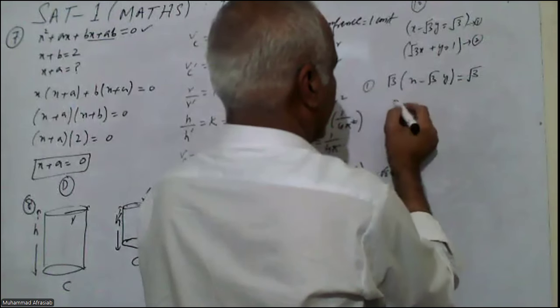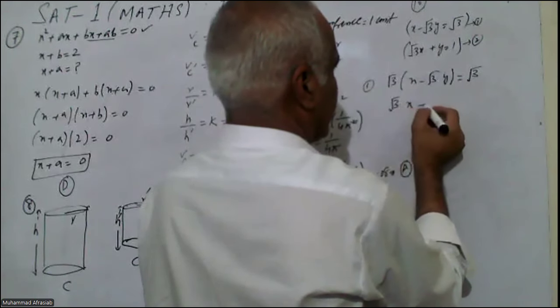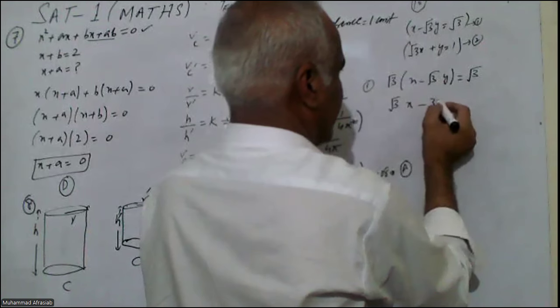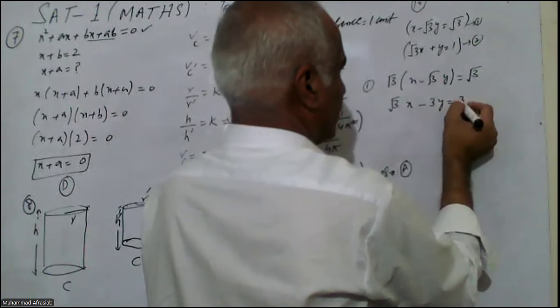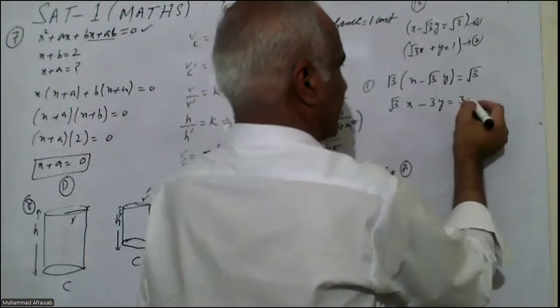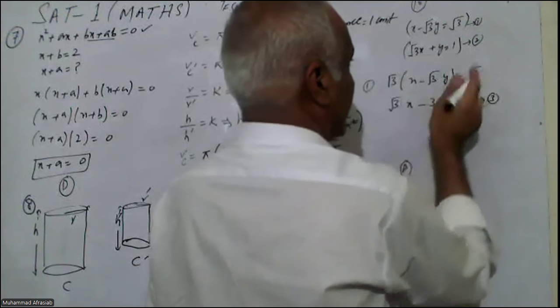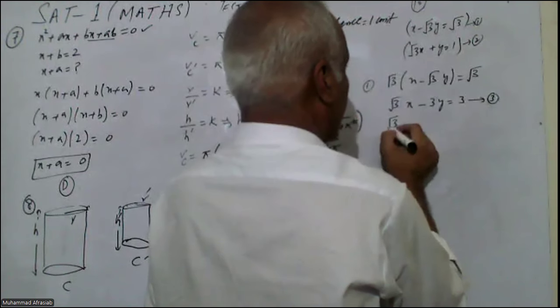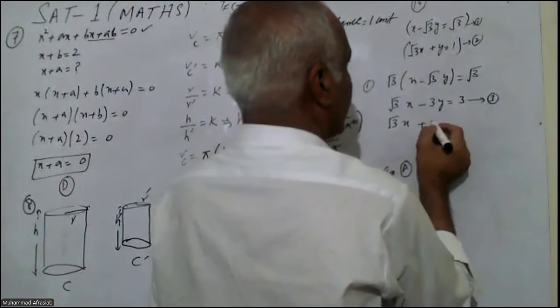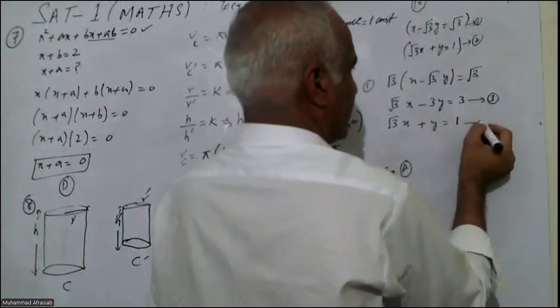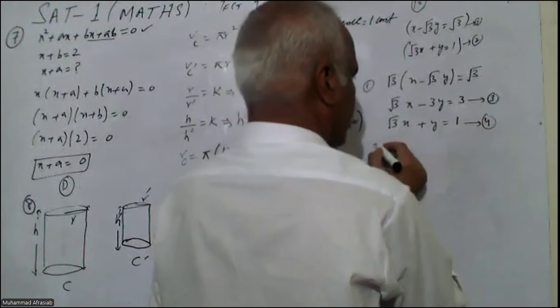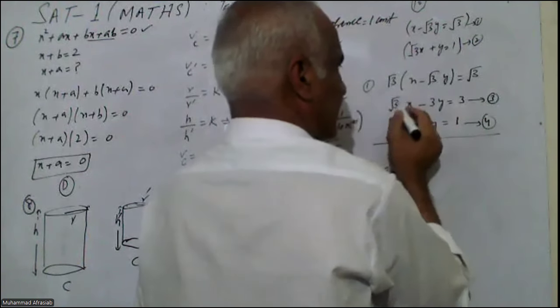So that will become square root of 3x minus root 3 into 3 is 3y is equal to 3. Let's say it is equation number 3. Now the fourth will be the same as 2, which is square root of 3x plus y is equal to 1. Now you subtract 4 from this 3.